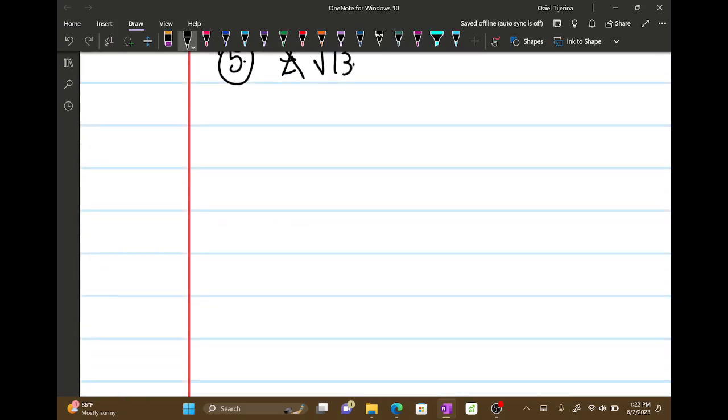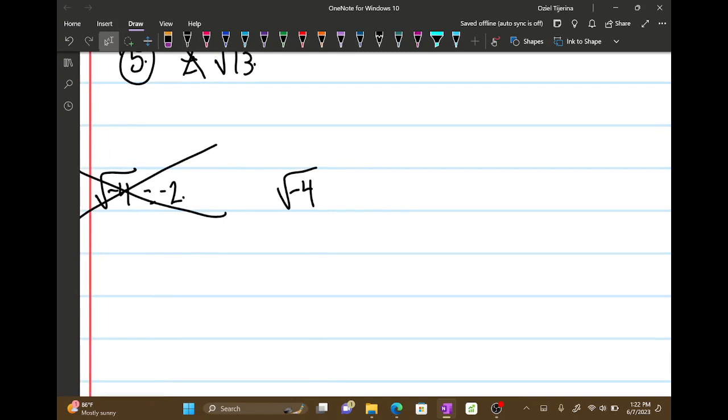Also, another error that I see students make is the idea that the square root of, for example, -4 is equal to -2. No. Anytime we take the square root of a negative number, this is not a real number. So we have to be careful with that.